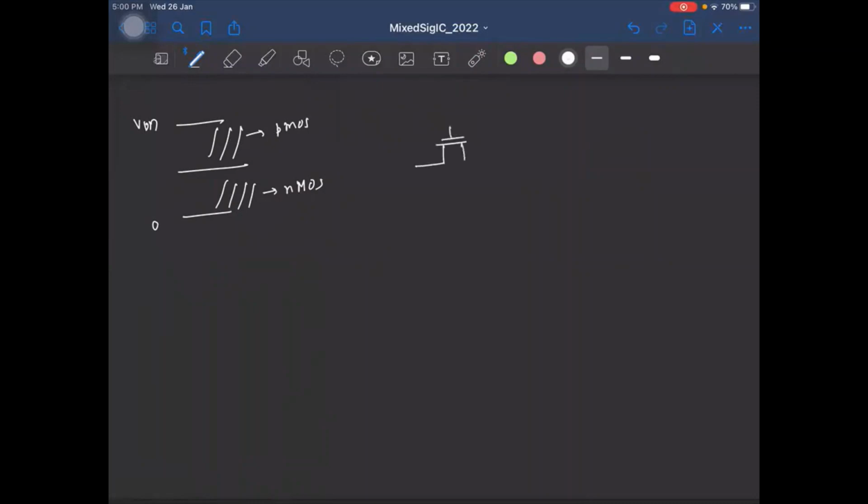So we put the two in parallel like this. Okay, so PMOS will be clocked by phi bar, NMOS will be phi. Okay, so this switch is called the CMOS switch, complementary MOS, or it is also called the transmission gate.